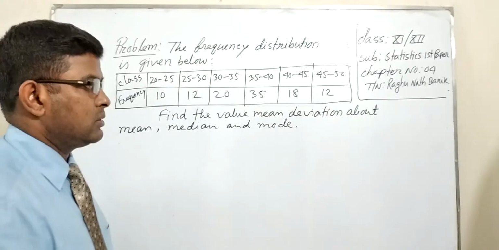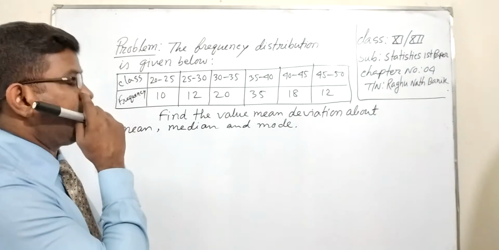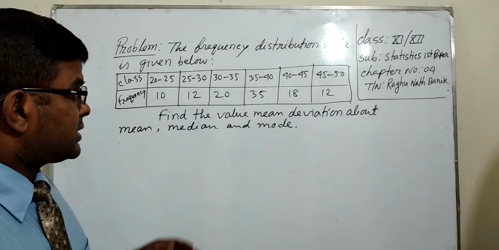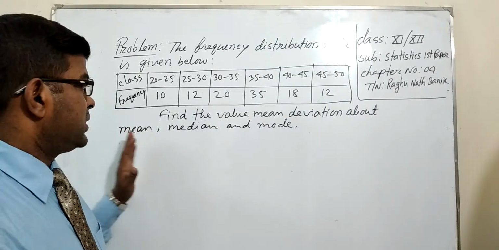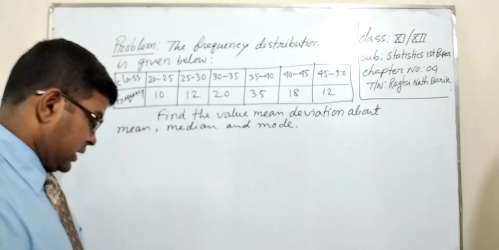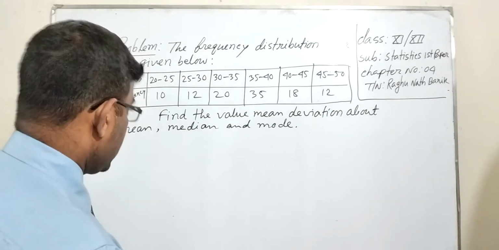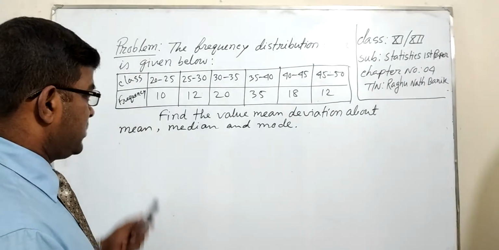Find the mean deviation about mean, median, and mode. Dear students, at first we have to solve the mean, median, and mode from the distribution table. Table for necessary calculation about mean, median, and mode.